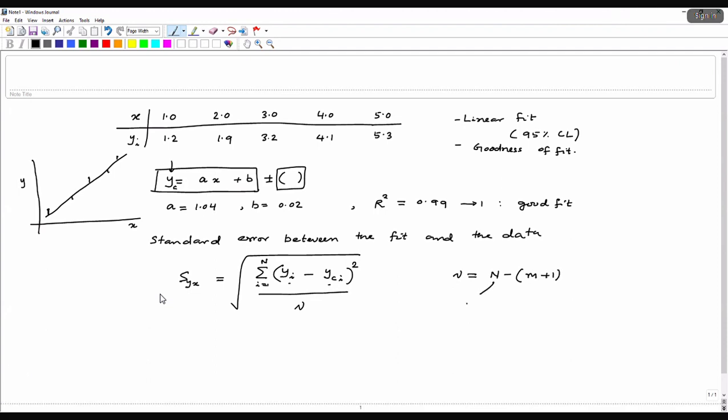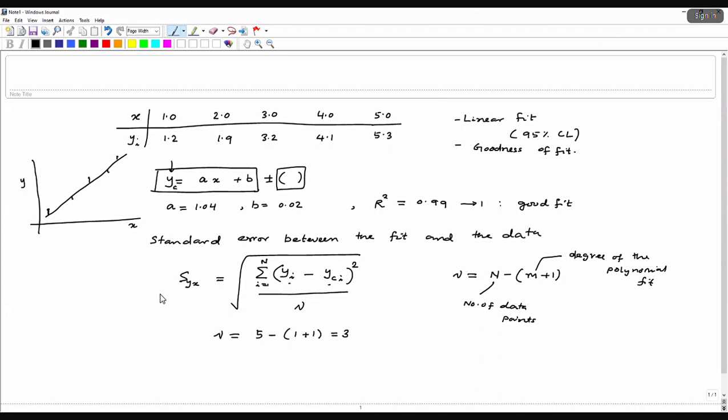Here n is number of data points, m is the degree of the polynomial fit. For a linear equation, the degree of the polynomial is 1, right? So in this case, the degree of freedom, the number of data points is 5 minus the degree of polynomial 1 plus 1. So that will be equal to 3.